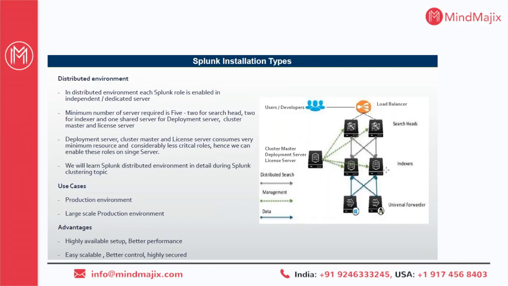Your indexers are in a cluster replicating data, and the search heads are in a cluster where all your searches, dashboards, and reports keep getting replicated. To highlight again, the search head mainly stores your Splunk queries, searches, dashboards, reports, and objects. The indexer mainly stores the data collected from the various sources.